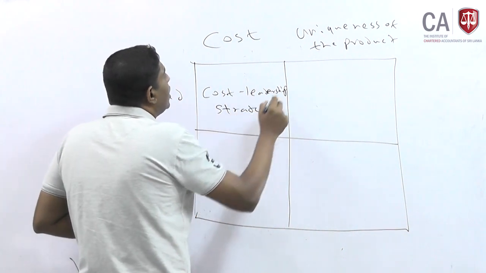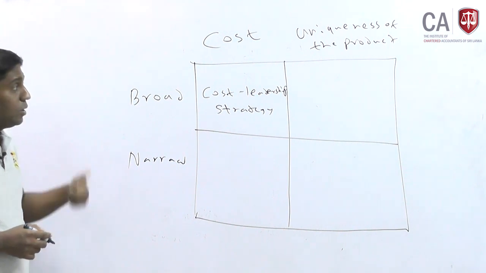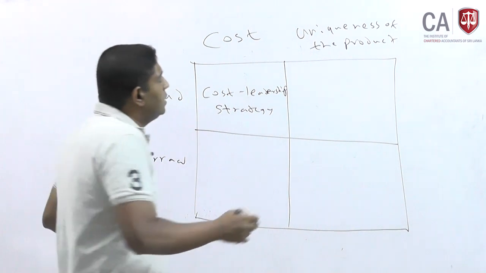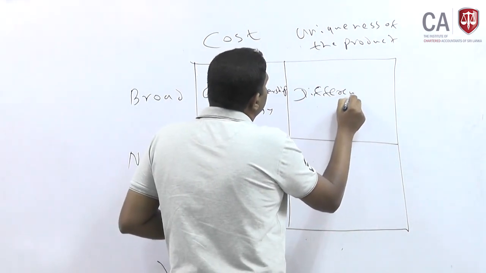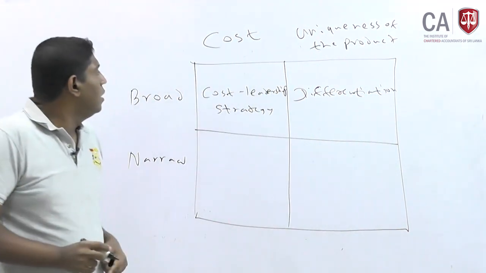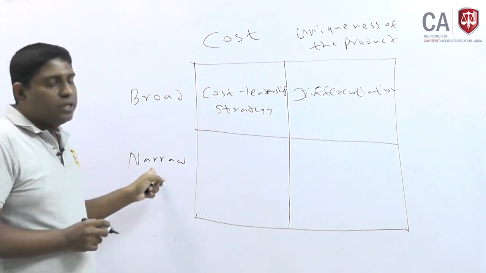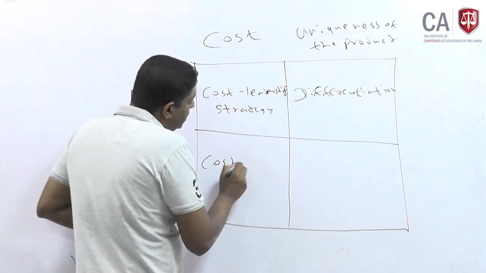If you are trying to offer a unique product to the broad market, that is called differentiation strategy. If you are trying to offer a low cost product to the narrow market segment, that is called cost focus strategy.